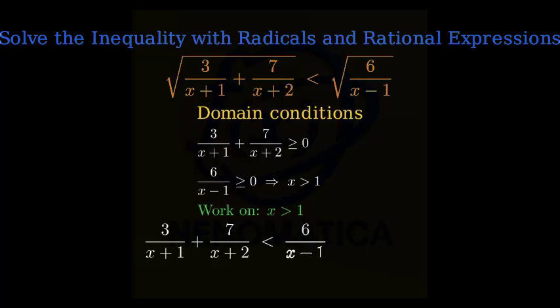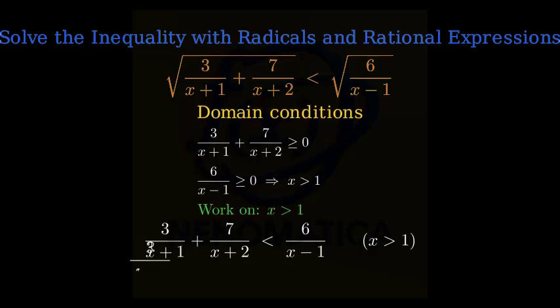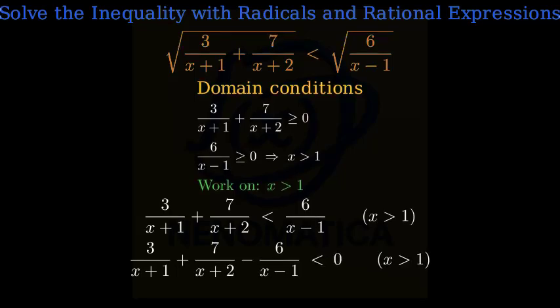That turns the inequality into 3 over x plus 1 plus 7 over x plus 2 less than 6 over x minus 1. Move everything to the left. We get a single rational expression less than 0. Use the common denominator x plus 1 times x plus 2 times x minus 1.